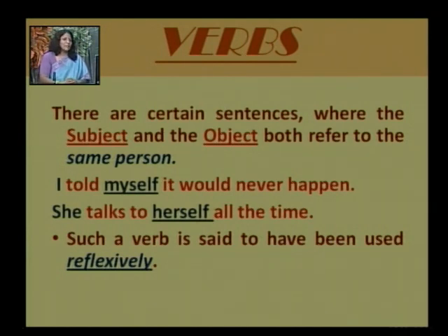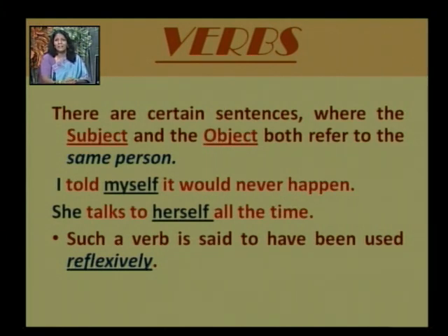That was that there are verbs which are even reflective verbs. So today the initial part is where I'll be introducing you to what are the reflective verbs in English. As you can read on your screen, there are certain sentences where the subject and the object both refer to the same person.